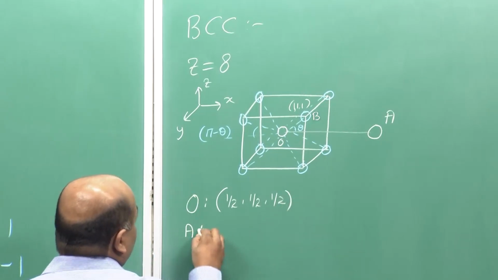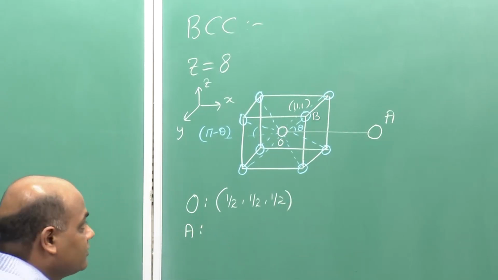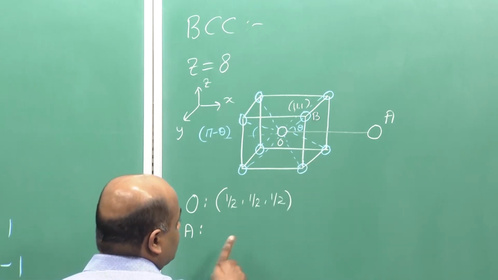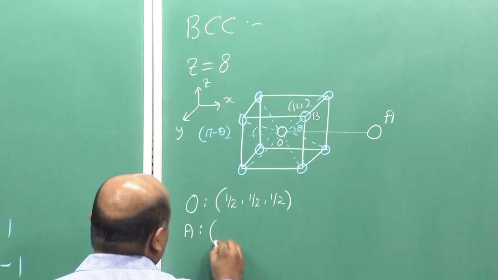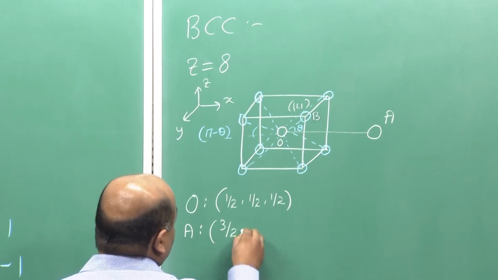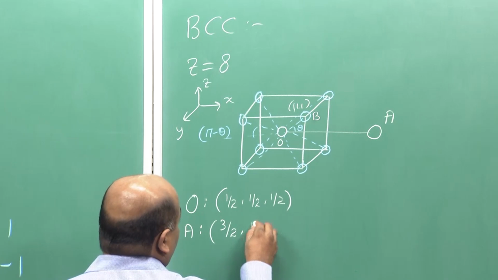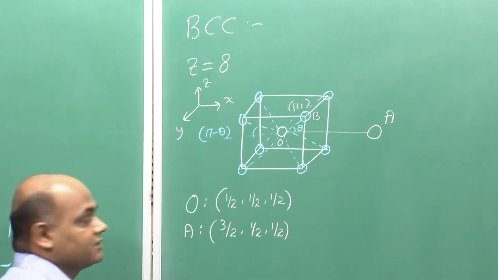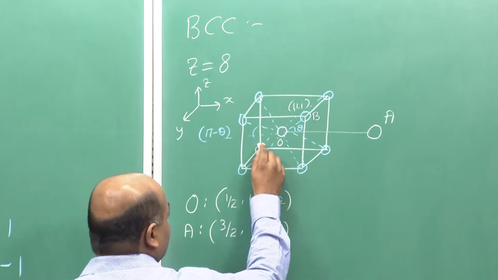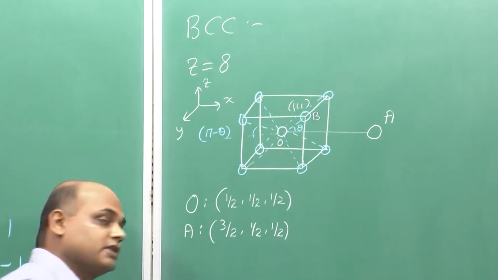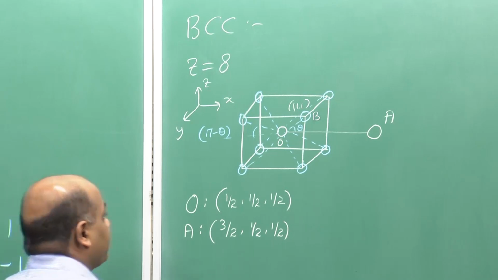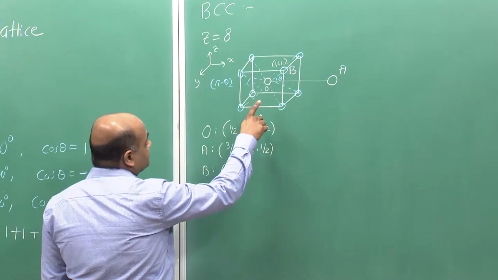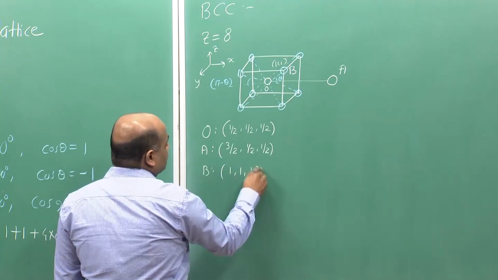For A, what are the coordinates? 3 by 2 in x direction, half in y and half in z. This is the corner, this is the origin, the typical origin. And for B, the coordinates are obviously 1 1 1.